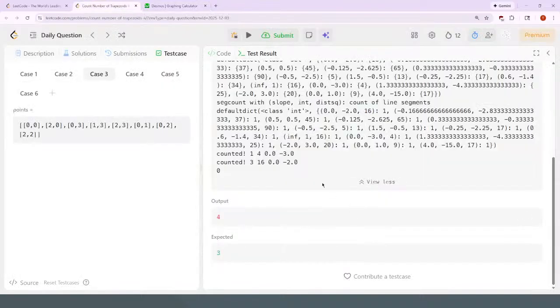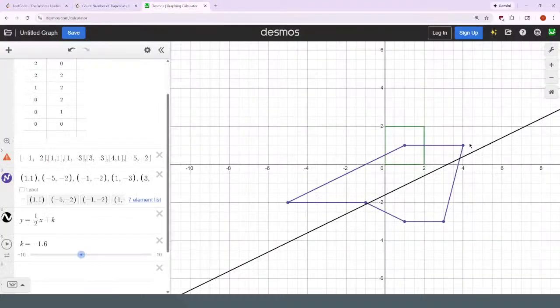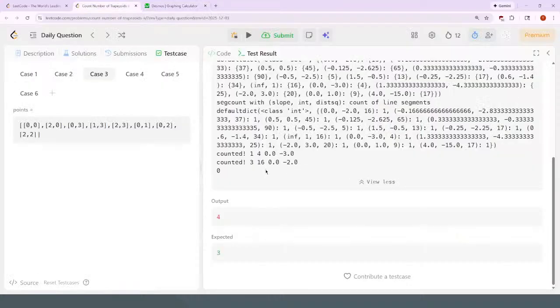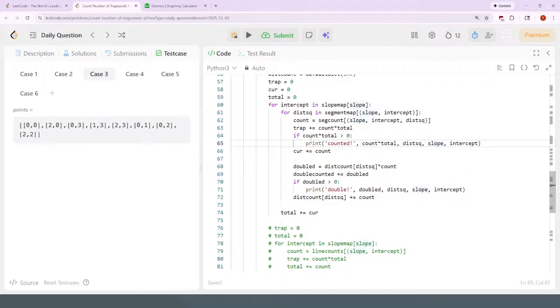It's going from slope -3 and then it has -2. So it already did the y-intercept of +1. So it's comparing this one to this one, and it counts that once. And somehow it's going from this one to this one, and it's getting 3 rather than 2. The total is not increasing correctly.